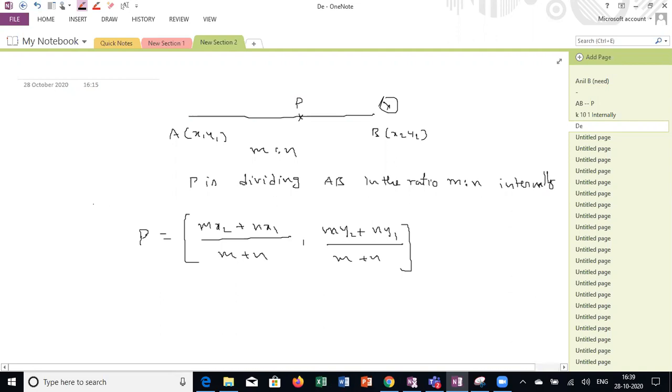P is dividing the line into two sections, AP as one section and PB as another section. That's the reason it is called the section formula. This is internal. What is external, we will see diagrammatically. If you are clear, I will move to the external formula.